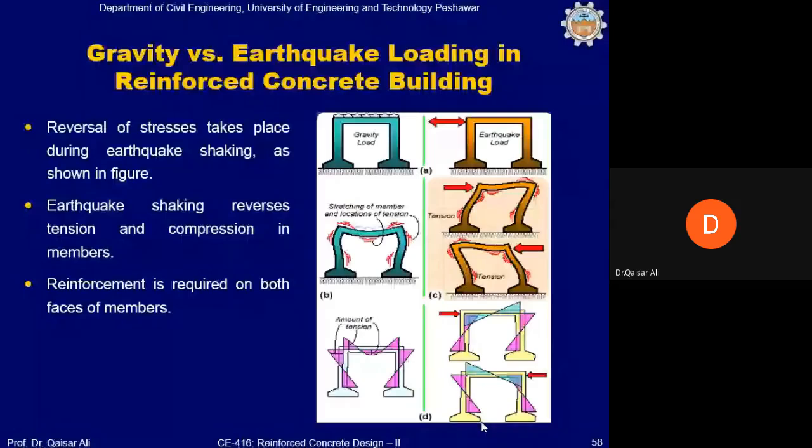So on one side there will be stiffer elements, and on the other side there will be flexible elements. This will cause torsion in the frame, and this torsion is not taken into consideration if the infill wall modeling is ignored.